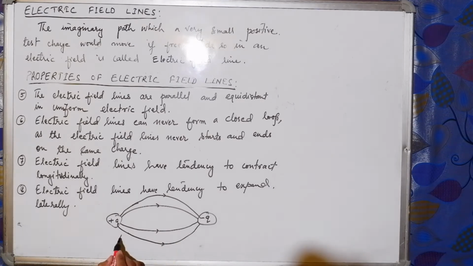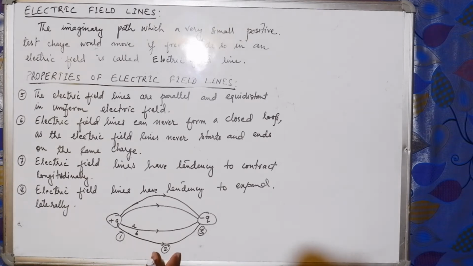Now if we consider region 1, region 2, region 3, we could see that the separation distance between these two field lines, let us say field line A and field line B, at region 1, region 2 and region 3 are not the same.